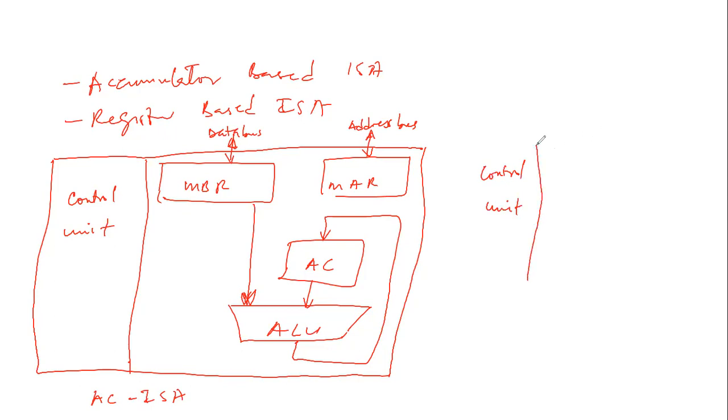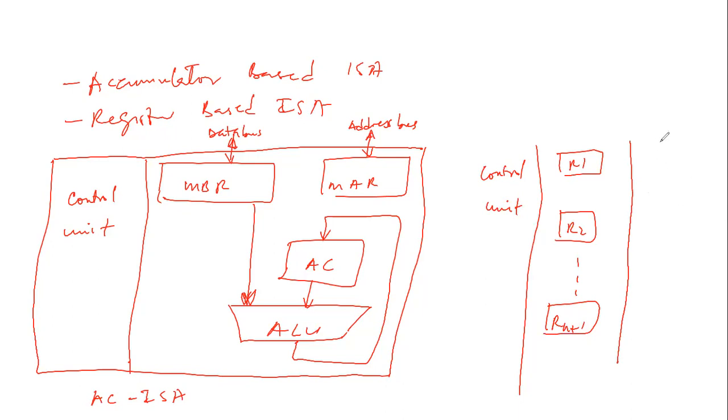Then we have registers. This is R1, register 1, register 2, all the way to register Rn plus 1. So these are the lines linking the arithmetic logic units. So we have this connected to this.